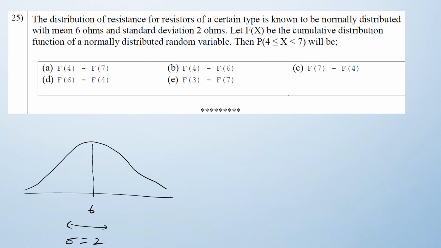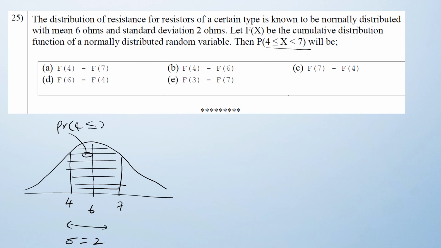By using this distribution, if you are going to find this probability, it will be the area under the curve covered by 4 and 7. If you shade this area, this is the required area for the probability 4 less than or equal to x less than or equal to 7. This is the probability density function.